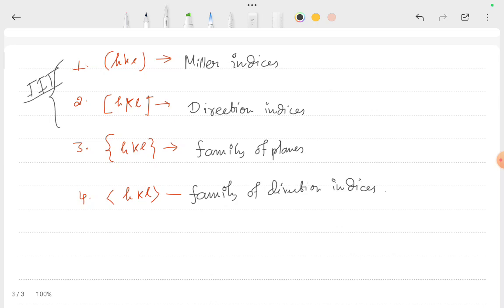Actually, they ask questions, and for CSIR NET and GATE exams it is important. So here we also learn the direction indices part, and direction indices is also very important. What is the meaning of direction indices?